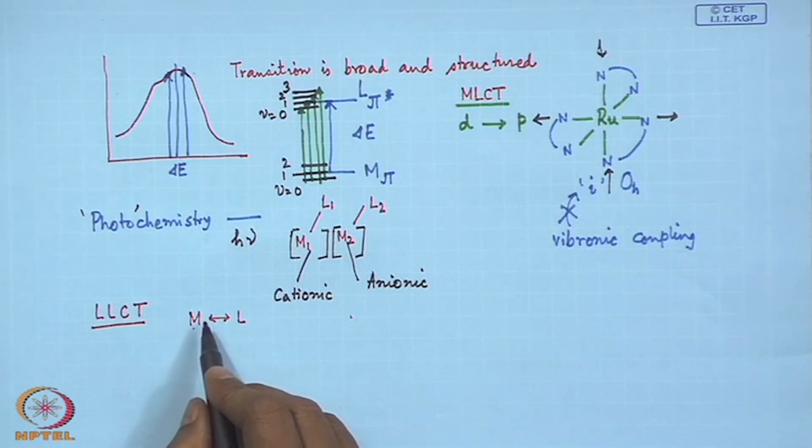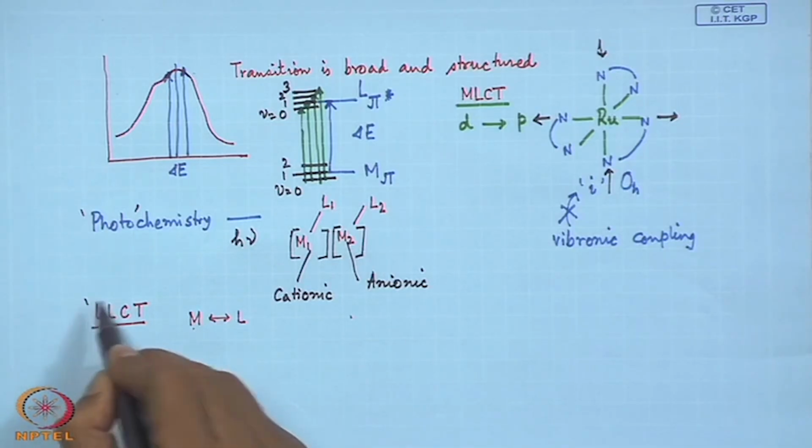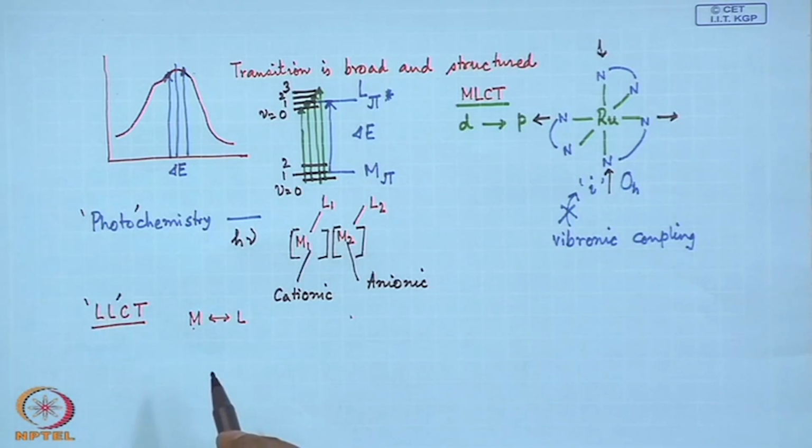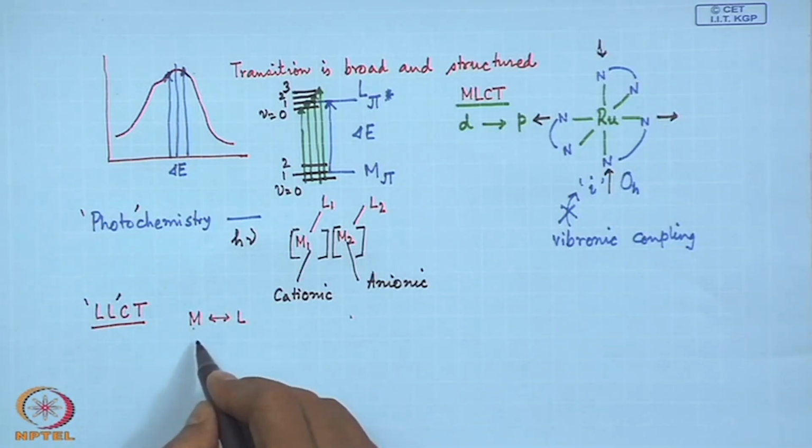But now we are going to discuss one particular situation where both parts are ligands. That means they are present in the system bound to the metal ion.